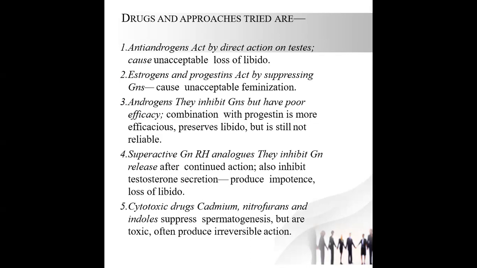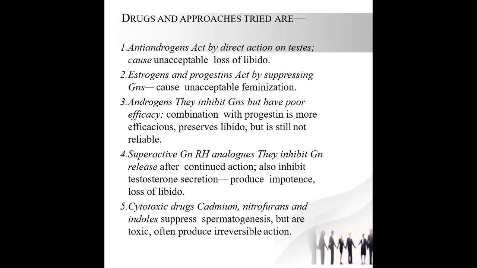Then we have number four, that is the superactive gonadotropin releasing hormone analogs. They inhibit gonadotropin release after continued action. They also inhibit the testosterone secretion, but they produce impotence and loss of libido, which is again a concern in the male.